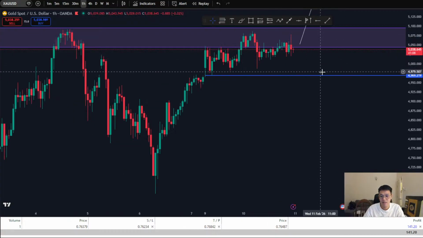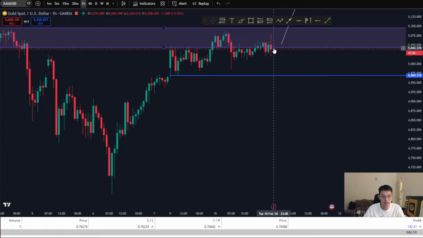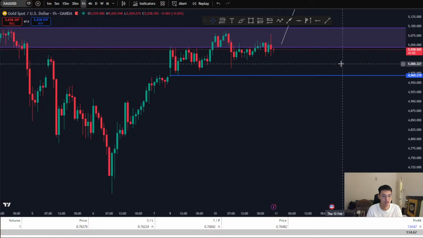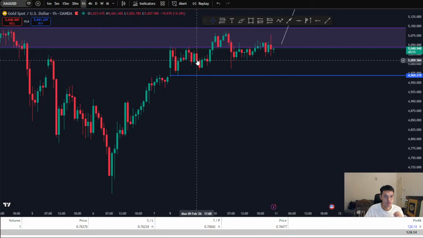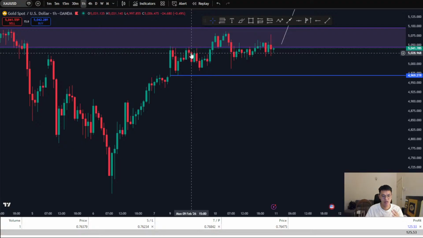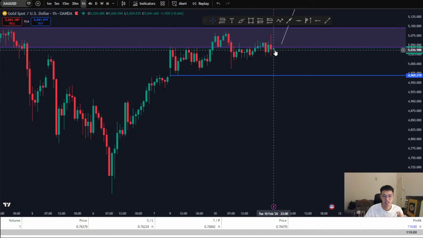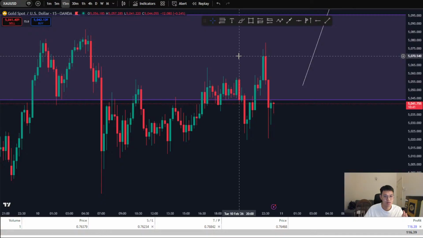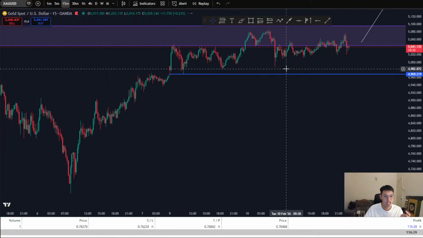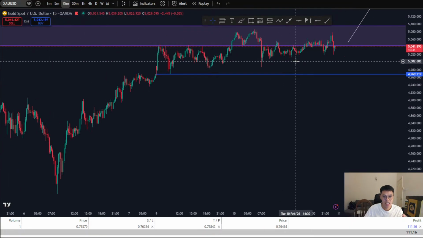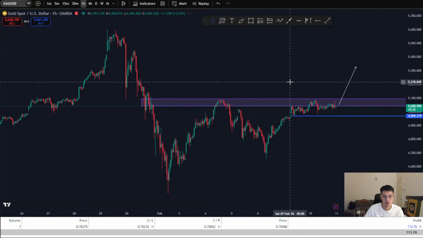Let's imagine, if the big player wants to buy a lot of gold, what do they need to do? They need to create a situation that lets normal people think, oh, the price is consolidating, maybe the market is volatile or has no liquidity, so they sell their stock to the big player or the big whale.